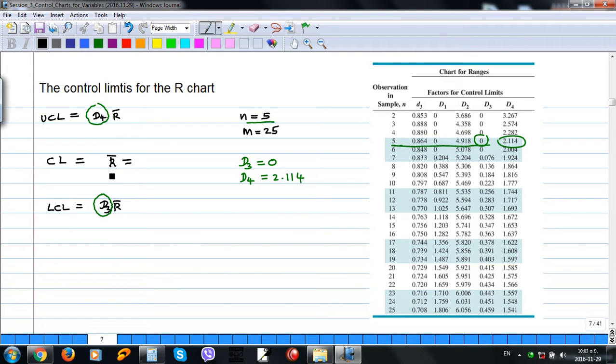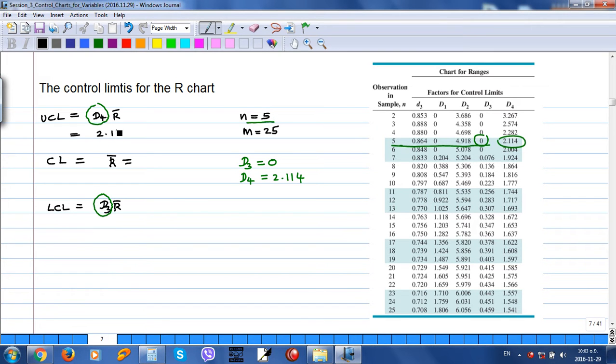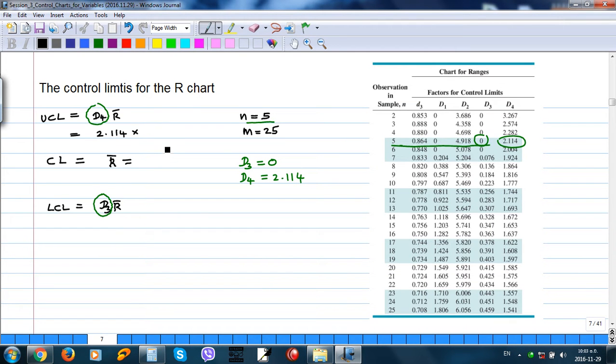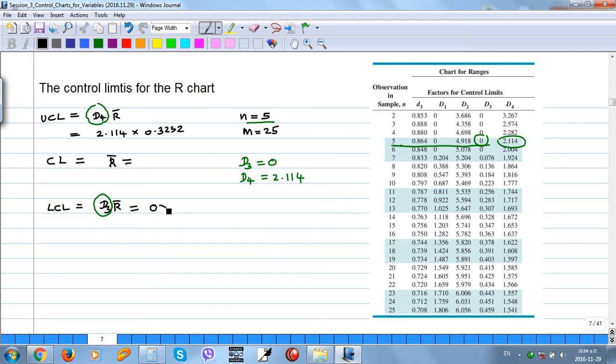So now you can substitute and find the values. D4 times R bar: 2.114 multiplied by R bar, where R bar equals 0.3252. Here also d3, 0, into R bar 0.3252, so the lower control limit equals 0.